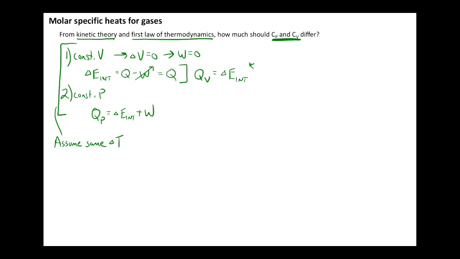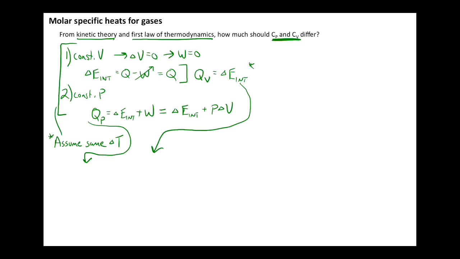Let me change one thing here on this line. Delta E internal plus work. We know that work is P times delta V. So let's put that in there as well. So we're going to use this equation and this equation and put them together and see what happens.